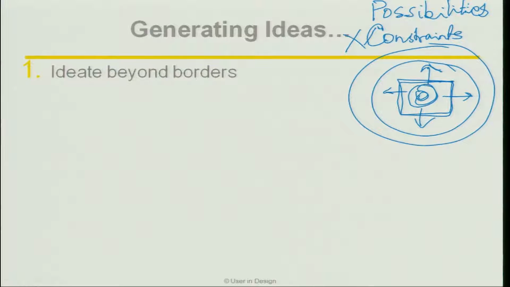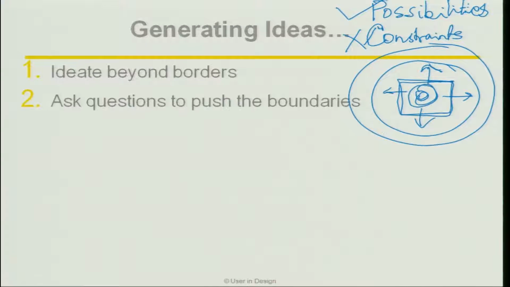Okay? So instead of focusing on the constraints, we try to focus on possibilities. That is what ideating beyond borders is all about, right? Ask questions to push these boundaries, right?